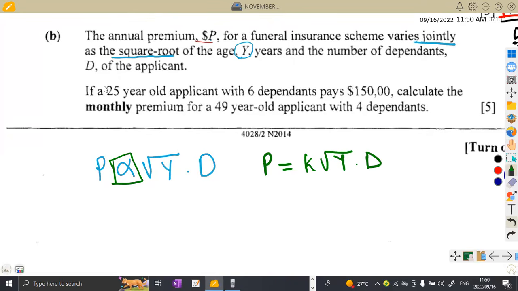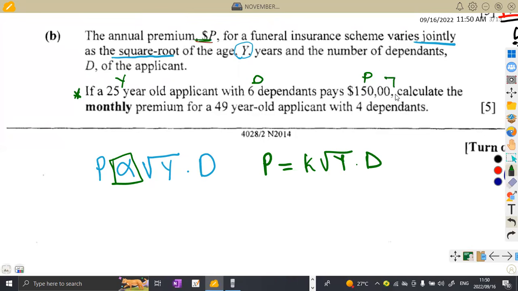Okay. So now on this part, remember p is the money, then y is the age, then d are the dependents. Here we are given that a 25-year-old applicant, which means we are given y, with 6 dependents, which means we are given the number of dependents d, pays $150, which means we are given p, in dollars.